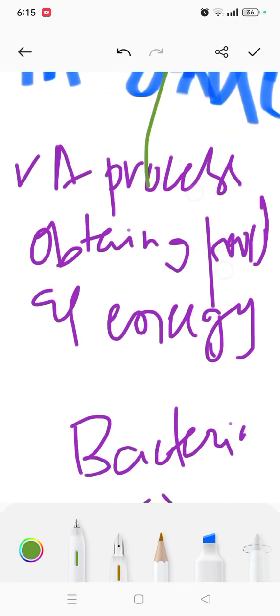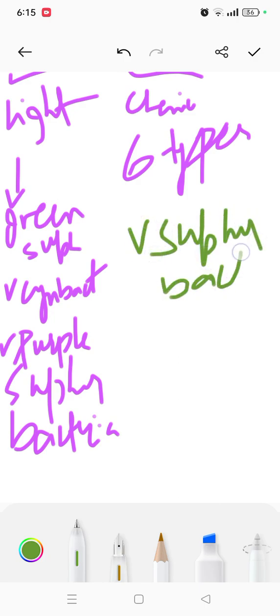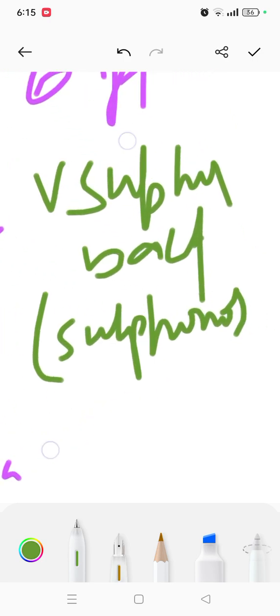So what are these six types? We are done with the basic intro. In chemoautotrophs we have six. The first is sulfur bacteria, which are called Sulfomonas.